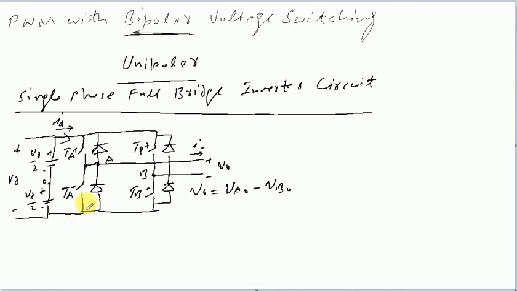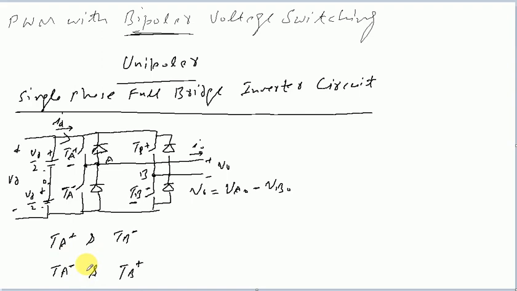The diagonally opposite switches, TA plus and TB minus, are turned on simultaneously, and then the other pair of diagonal switches, TA minus and TB plus, are turned on at the same time.